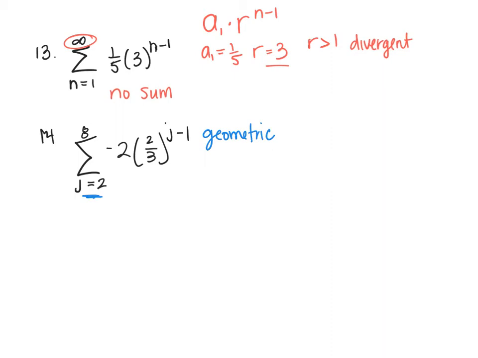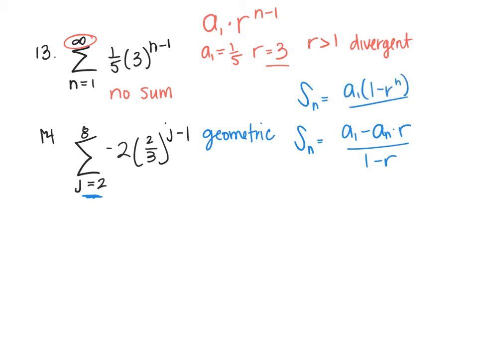So we want to find our an and our a1 because this one is a little bit different. So we're going to use our sum formula that has the a1 minus an times r over 1 minus r, as opposed to the other one, which is a1 times 1 minus r to the n over 1 minus r.